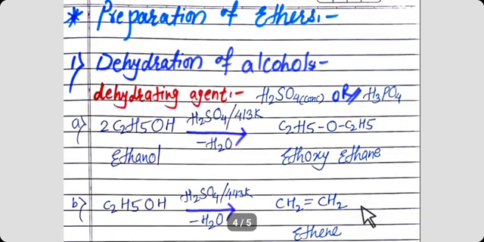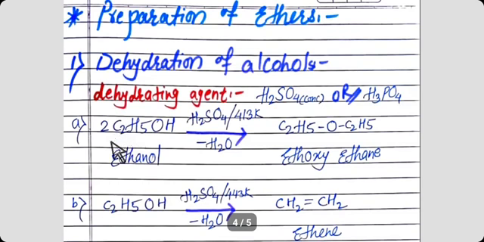For example, dehydration of ethanol by H2SO4 gives ether at 413 Kelvin, while ethene is formed at 443 Kelvin.